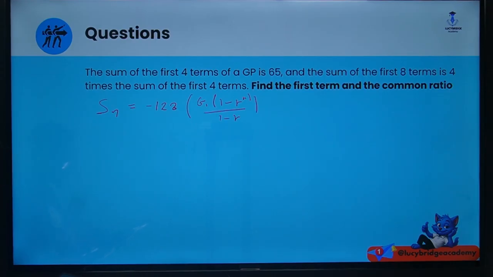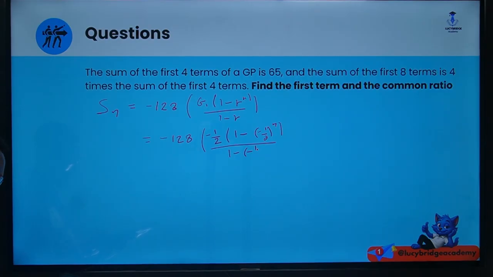But n is 7, which is equal to minus 128 times G1, which is also minus 1 over 2, times (1 minus r), r is minus 1 over 2, to the power of 7, okay, over 1 minus (minus 1 over 2).